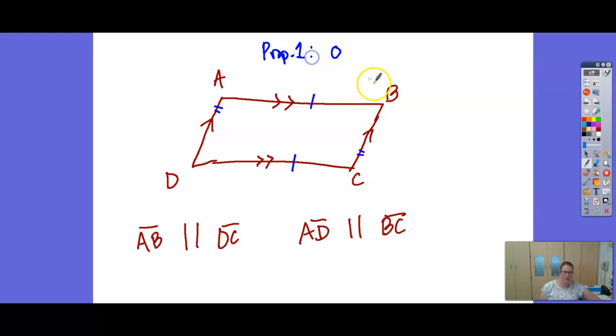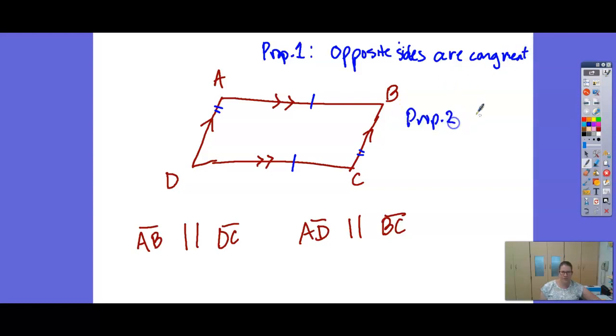Property 1 of a parallelogram is that opposite sides are congruent. Okay, property 2, opposite angles are congruent. So opposite meaning across from each other here, so like B and D are congruent angles because they're opposite one another.